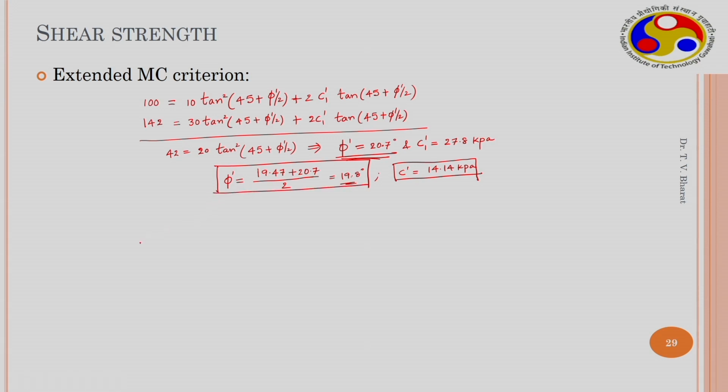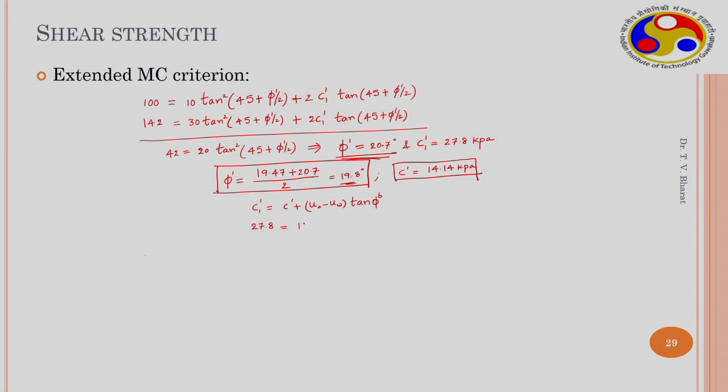We can estimate phi b by using those two expressions where C1 dash is equal to C dash plus (UA minus UW) tan phi b. If we utilize this expression, C1 dash is known, that is 27.8.